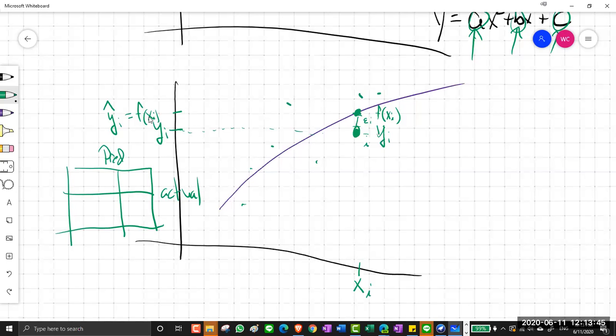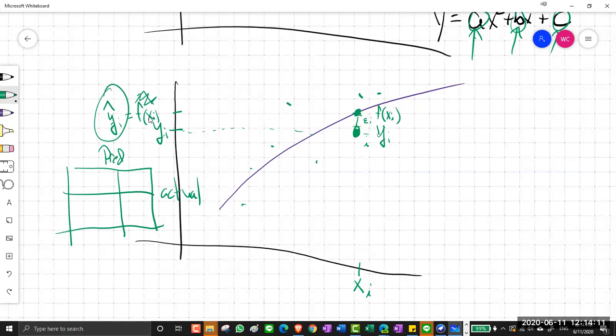So we have the predicted value versus the actual value. So yi stands for the actual, and yi hat is the predicted. We can also call this f of xi hat. I think she just did that.